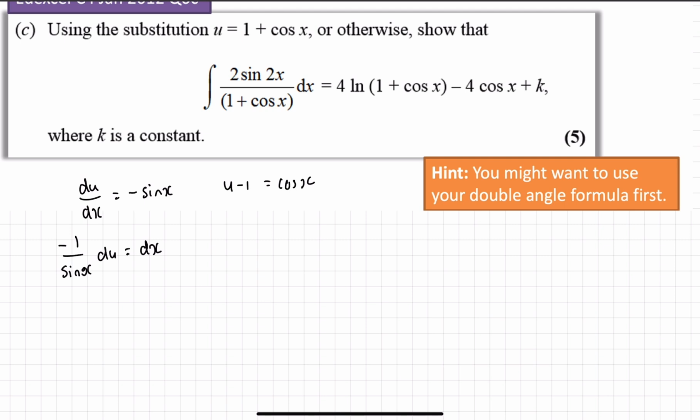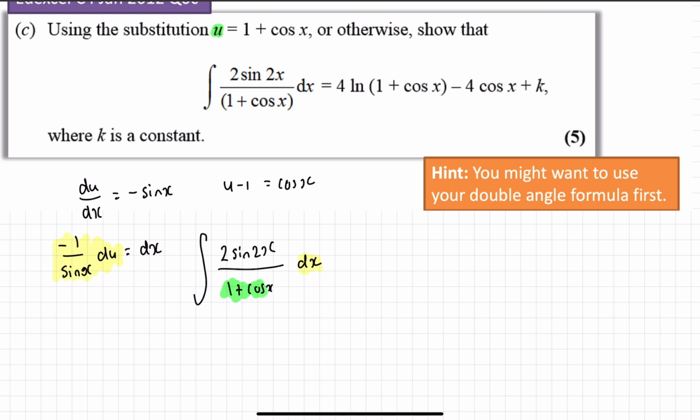Lovely. So let's rewrite this integral. 2 sine 2x, and we're given the answer. We're just trying to find what the k is. Right. 1 plus cos x dx. dx is here, I'm going to rewrite it as that. u is here. Lovely.